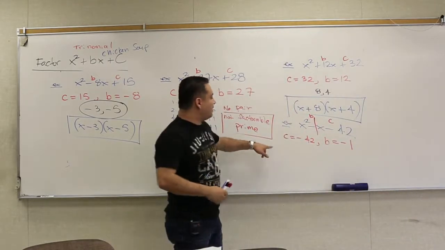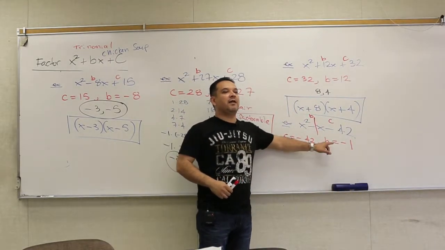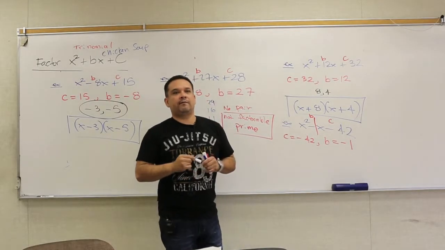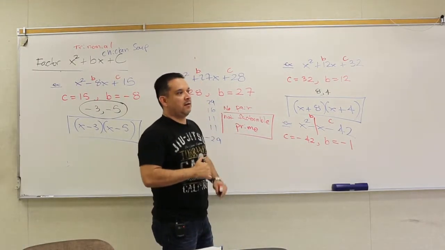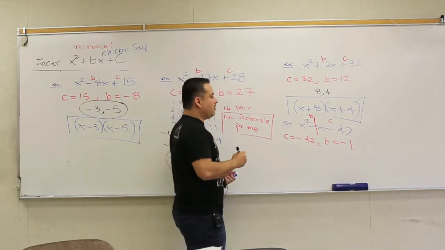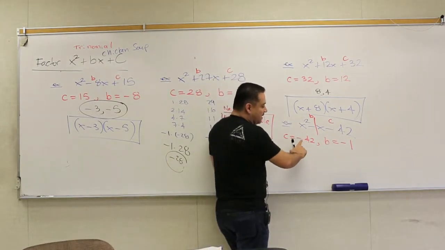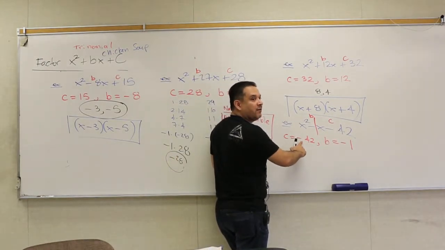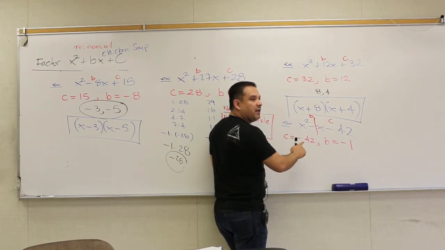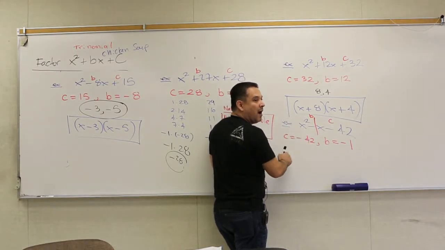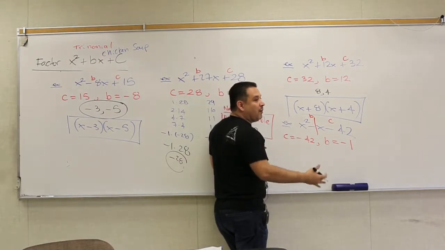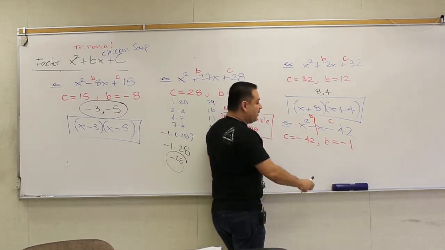So the product has to be negative 42. The sum has to be negative 1. What are the numbers? Remember, if it's negative, one has to be positive, one's negative. Because the only way you get a negative answer is if you multiply a positive with a negative as a product, right? That's the only way. So one's positive, one's negative.